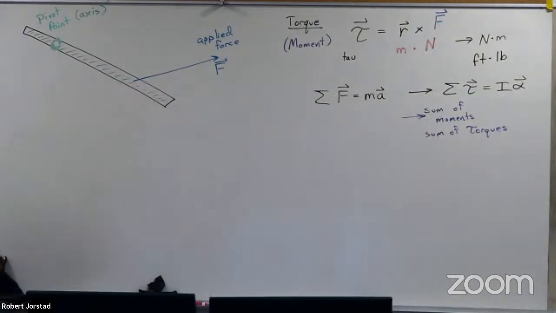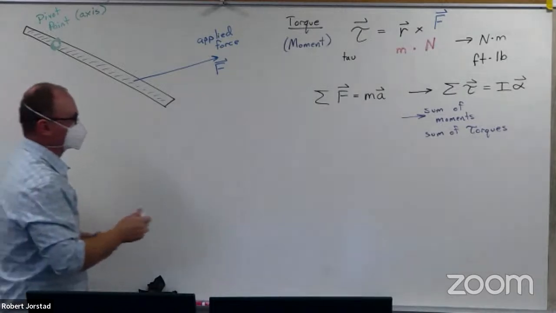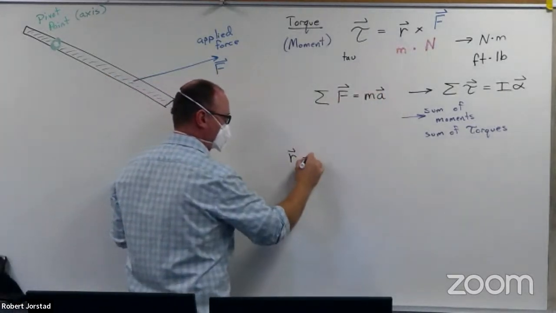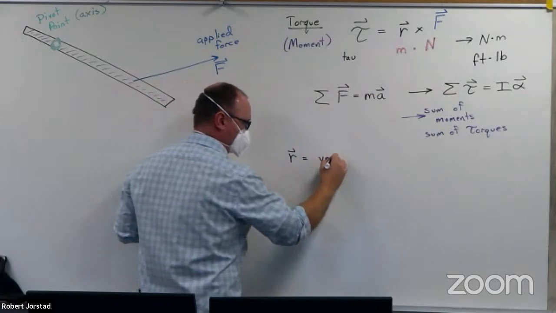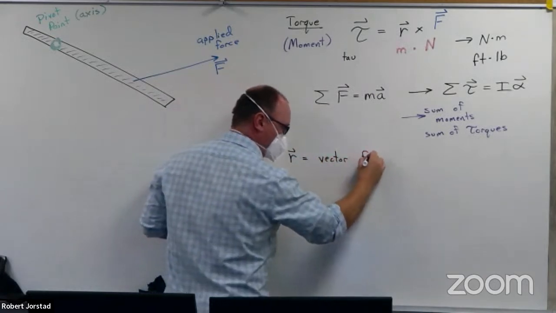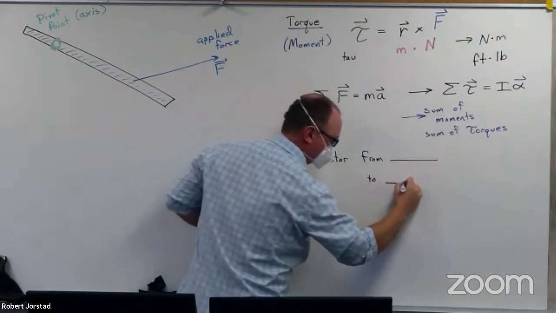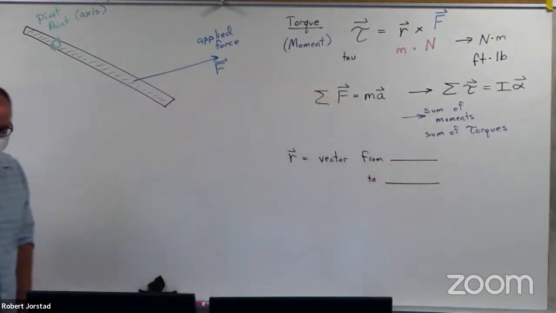It's crucial that we understand what R means in this equation. R is a vector from something to something, right? That's what an R vector is.